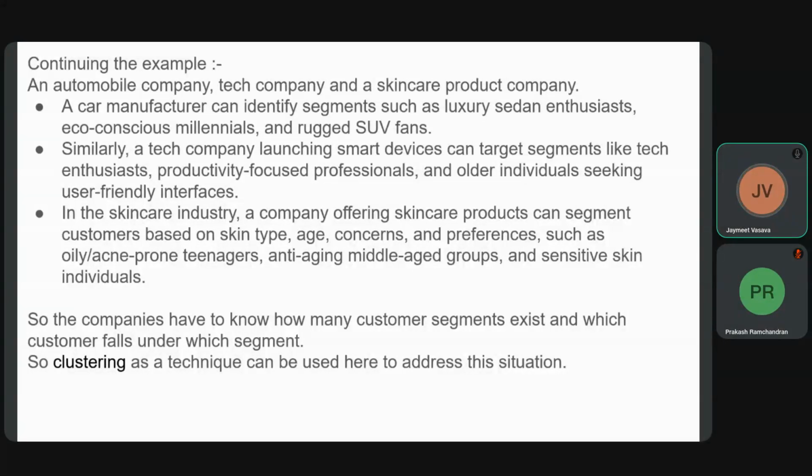Then anti-aging middle-aged groups, to protect their skin and have a lesser effect of aging, and the other segment can be sensitive skin individuals. So the companies have to know how many customer segments exist and which customer falls under which segment.